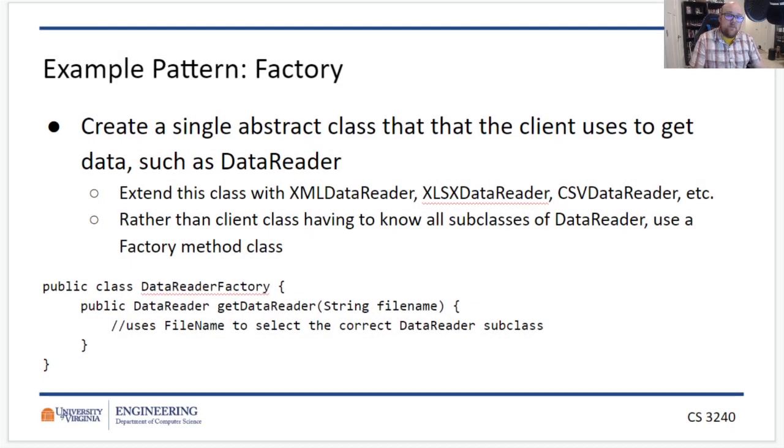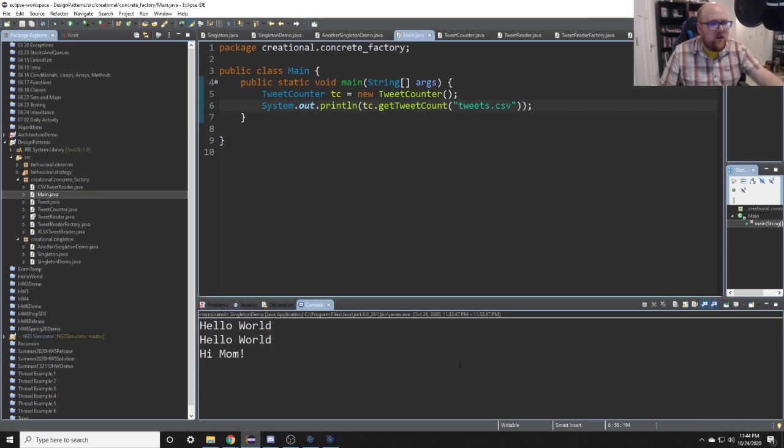So for an example of a factory method design pattern, let's consider something that I've used this metaphor before. A program that is going to count the number of tweets. Just get the number of tweets in a file. Not looking at states or anything like that.